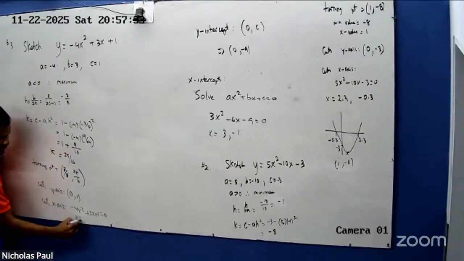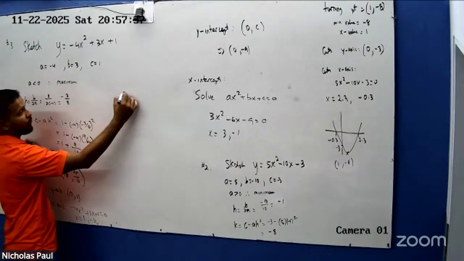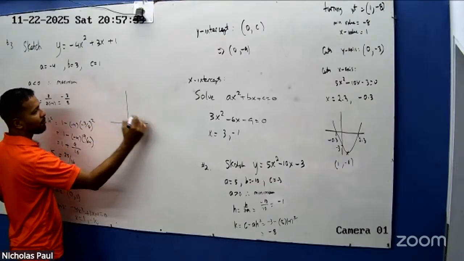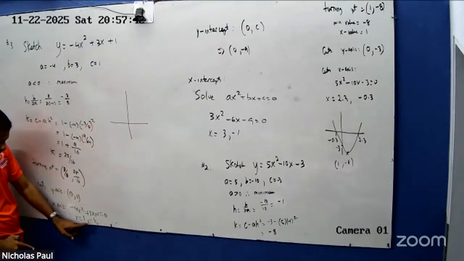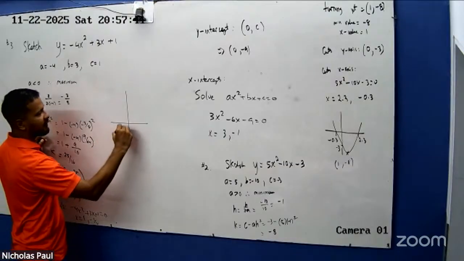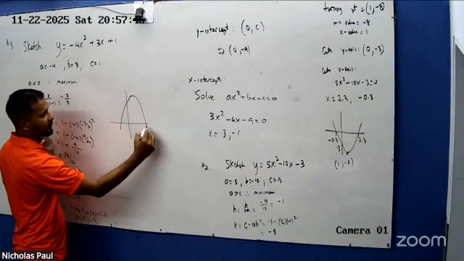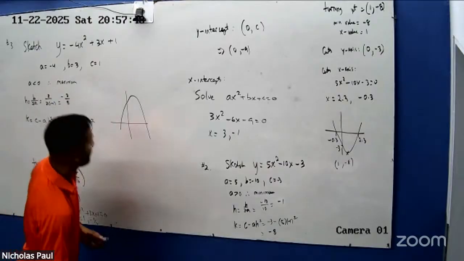You got 1 and -1/4. Yeah, nice. So we know it's a maximum. One value negative, one value positive, so it might look something like that. Get a little smoother.